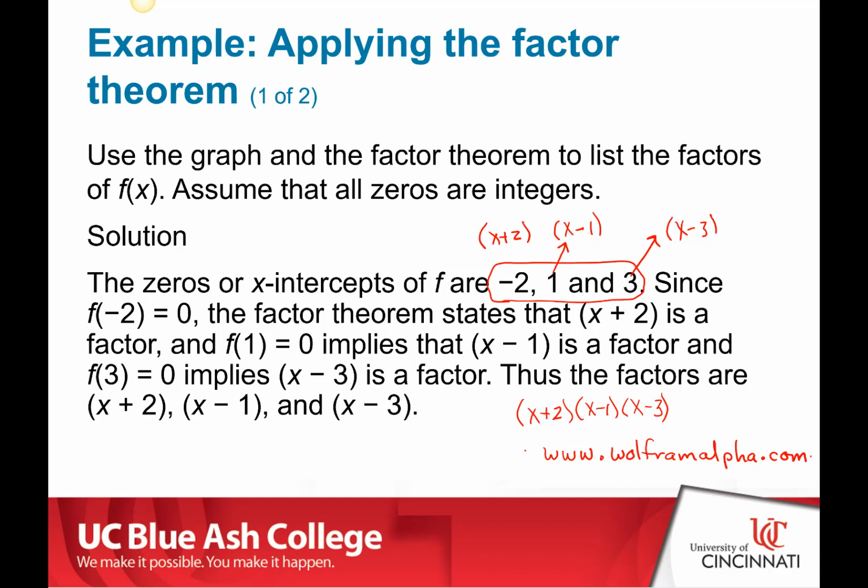And all you need to do is go to that site and type in expand, do the parentheses, x plus 2, parentheses x minus 1, parentheses x minus 3, and it'll multiply it all out for you. How about that for easy? So there is a way to get this done fairly easily without having to multiply it all out by hand. Make sense?